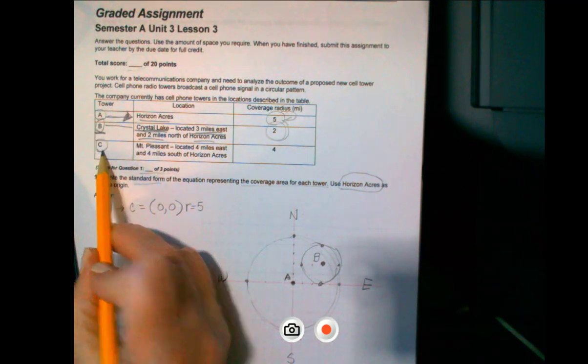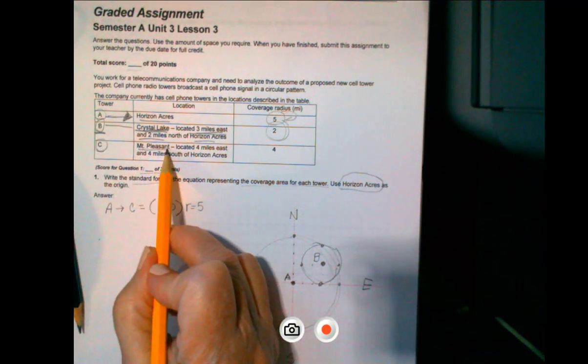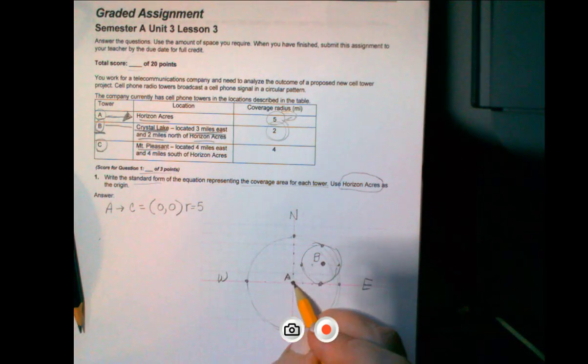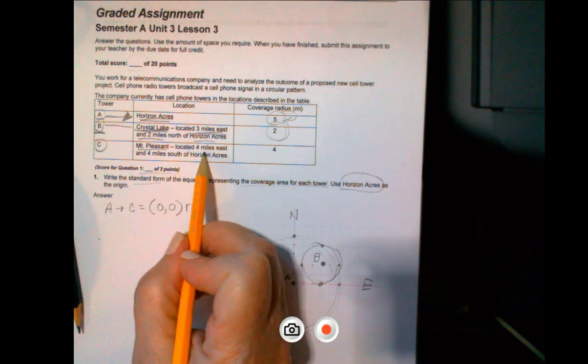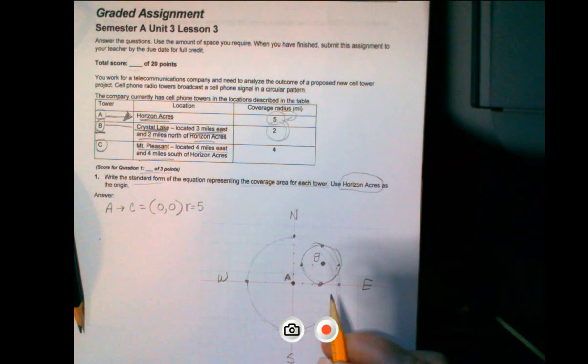All right, and then our third location is Mount Pleasant. We're going to go back to where we started, Horizon Acres, and we're going to move 4 miles east and 4 miles south.